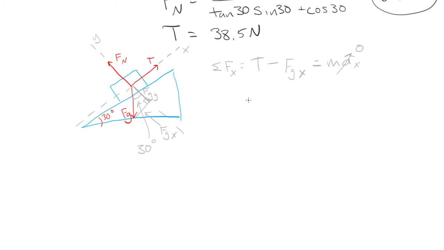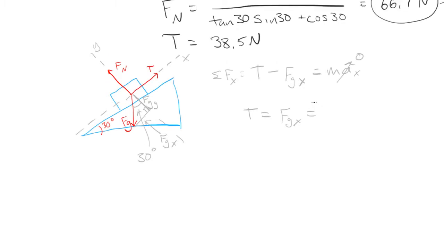I solve that for tension. It's equal to, I move the force due to gravity onto the right side, which is just mass times gravity, and I gave you that as 70, was it 77? 77. Oh, that's the weight of the sled, right?